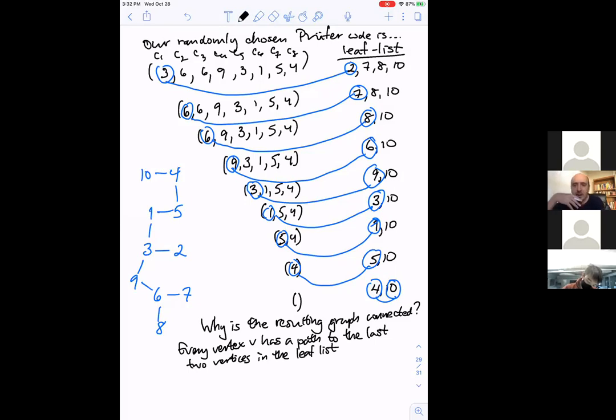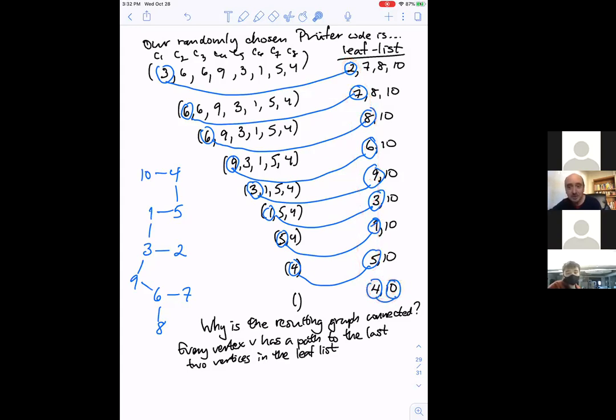And the reason that they all have one is you can prove that by reverse induction. How late in the process did they get crossed off the leaf list? Notice every single vertex either is one of those two that is there at the end in the leaf list, or at some point in the process, it gets crossed off.